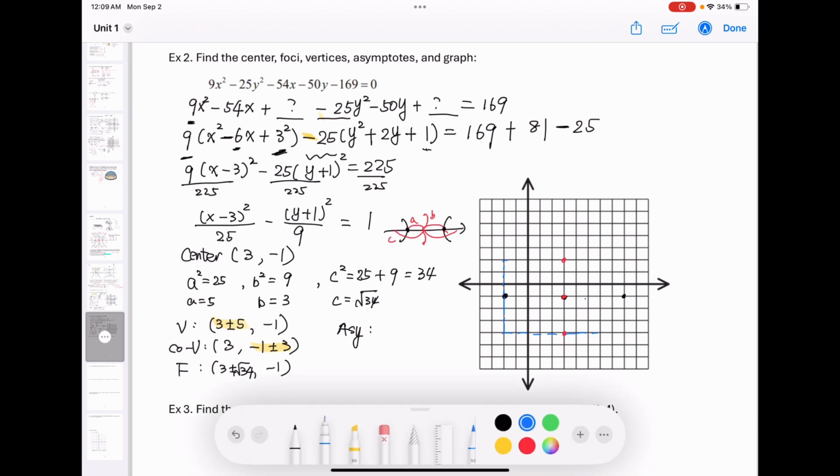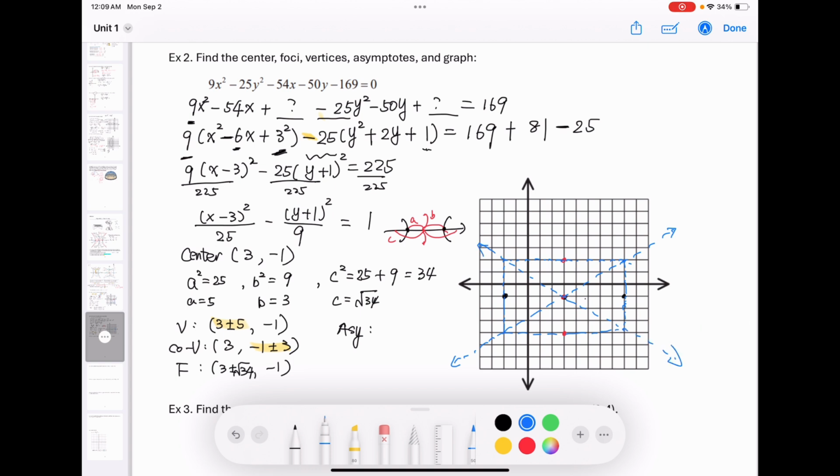Let's wait because the pen is not working. Okay. So connect the vertices here and here. This is my asymptote, and another asymptote here and here.